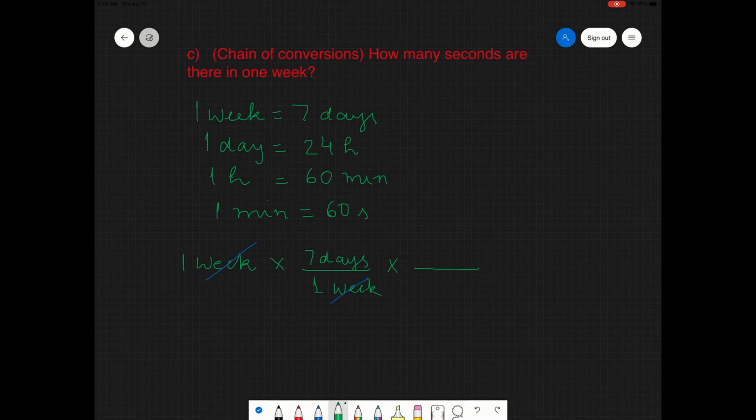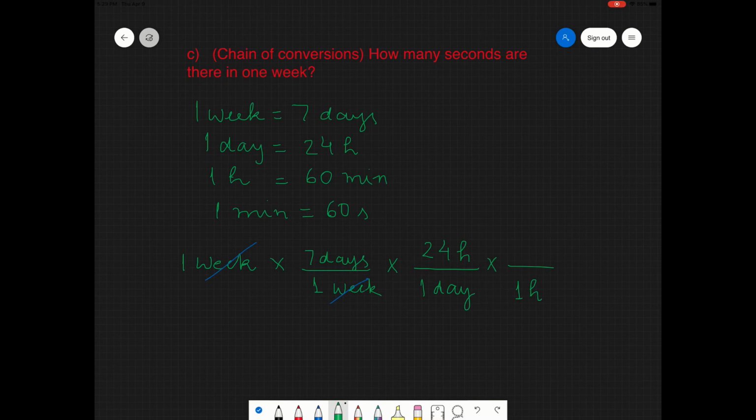Again, to cancel out days in the numerator, I have 1 day in the denominator, which will cancel with the day in the numerator, and is equivalent to 24 hours. So this gives me my answer in hours. Now we're going to proceed with another conversion factor to change hours to minutes.